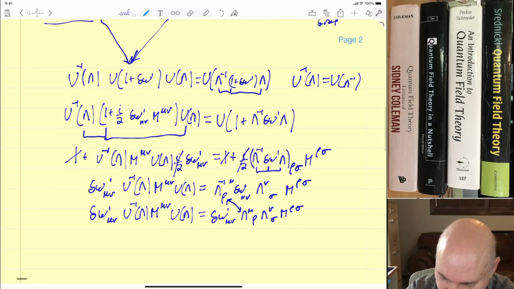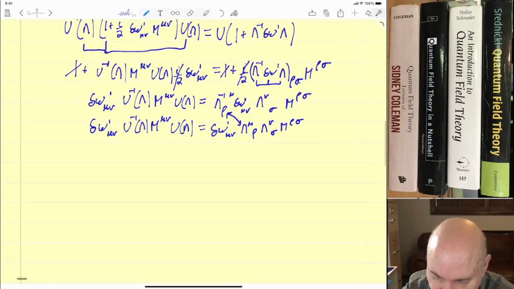Okay, we're almost done here. Now we make use of something called the quotient theorem in tensor analysis, which basically says whenever you have a product of two tensors with like independent parameters, you can cancel the parameters. So here I can cancel this del omega prime mu nu.